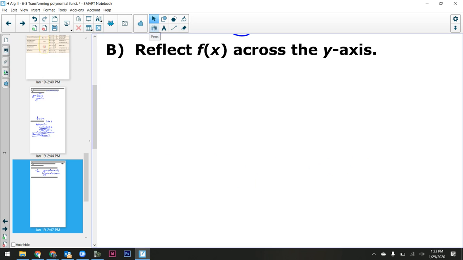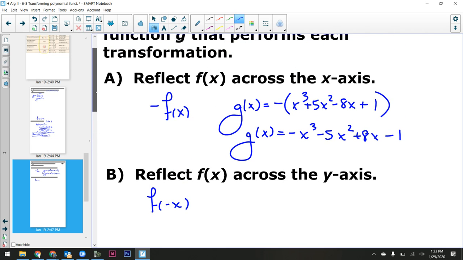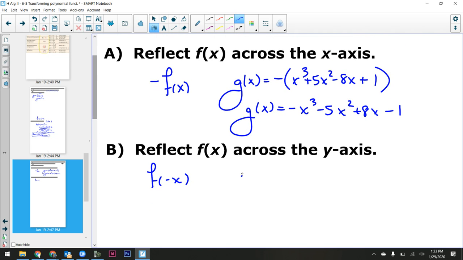So that means this is f of negative x, right? Okay, what was my original? Looks like g of x is going to be now negative x to the third plus 5 times negative x squared minus 8 times negative x plus 1.